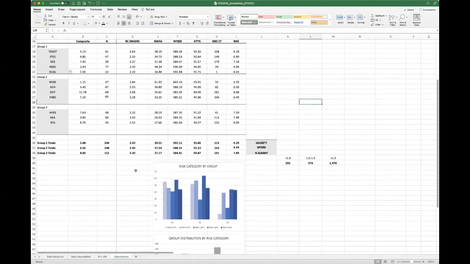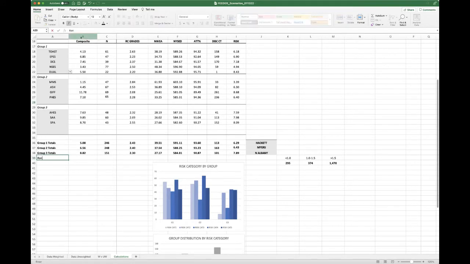So if you take NWEA, for example, the largest number minus the smallest one, aiming for that to be 0 is another way of thinking about it.